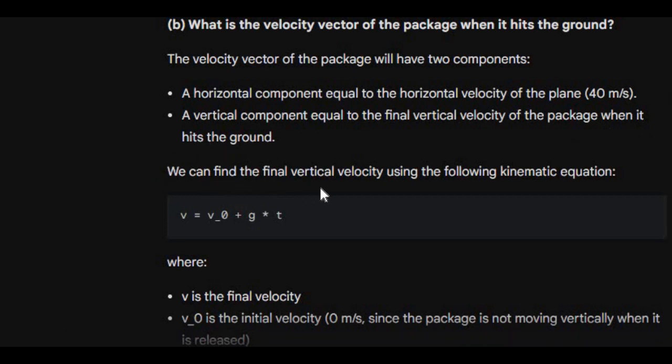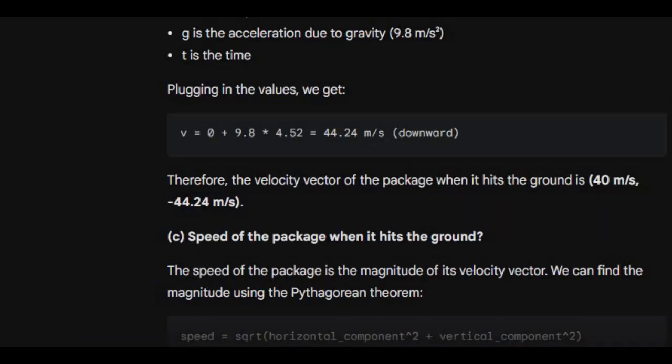We can find the final vertical velocity using the following kinematic equation. V = V_0 + g × t, where V is the final velocity, V_0 is the initial velocity, 0 meters per second, since the package is not moving vertically when it is released.